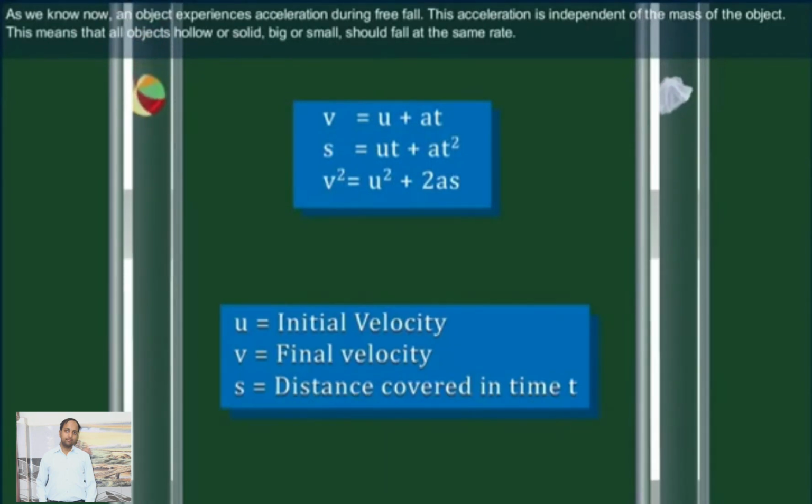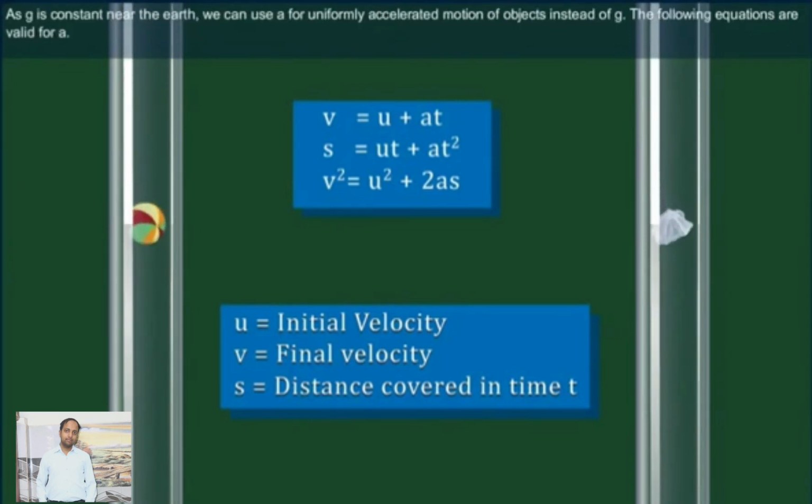This means that all objects, hollow or solid, big or small, should fall at the same rate. As g is constant near the earth, we can use a for uniformly accelerated motion of objects instead of g. The following equations are valid for a.